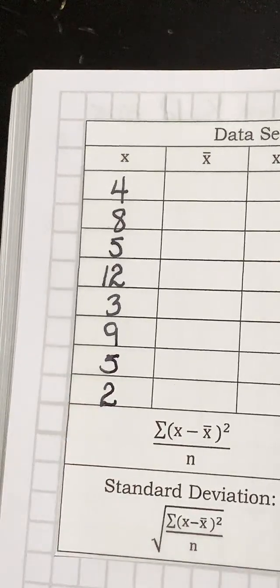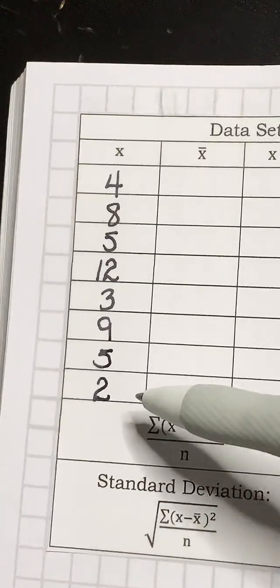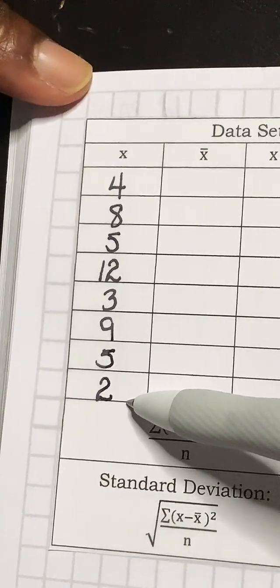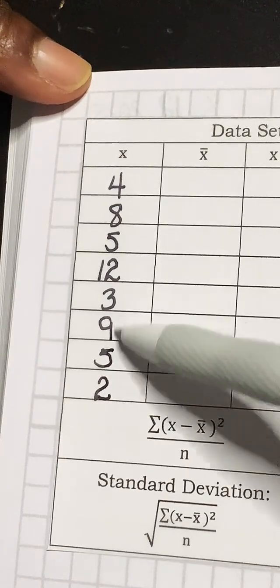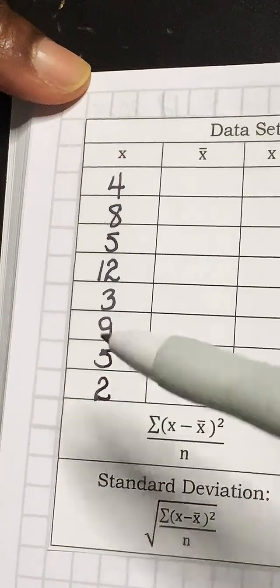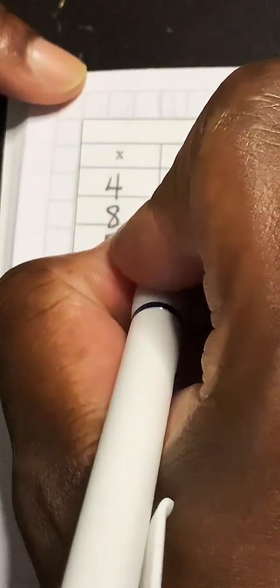Okay, so when I add all these numbers up, I got a total of 48, but then there's 8 numbers here. So I divide by 8. So my mean of the complete data set is a 6. So I'm writing down the 6 8 times.